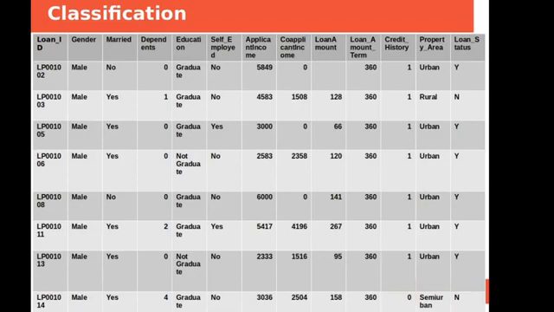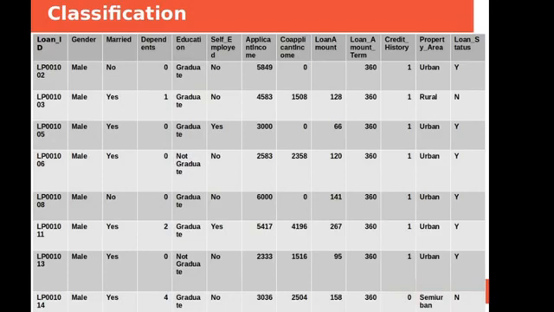So now you will be using these attributes. You may use all of the attributes, or you may drop some of them and use only the important ones. That depends on your problem statement or your business decision, what things are important for you. And based on these attributes X, you will be able to classify the record, whether the loan status was granted or not.